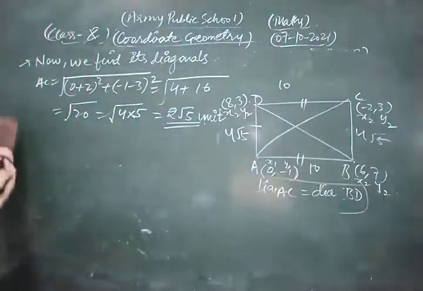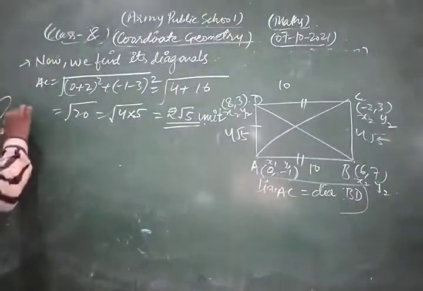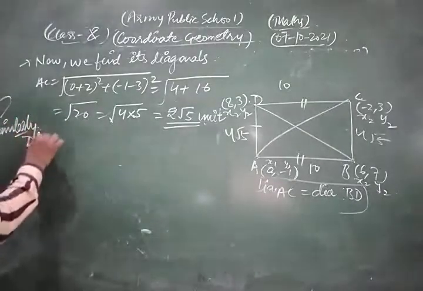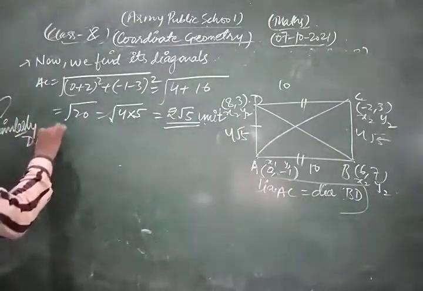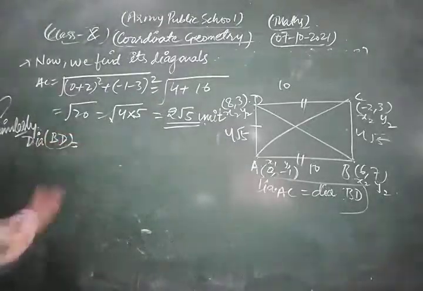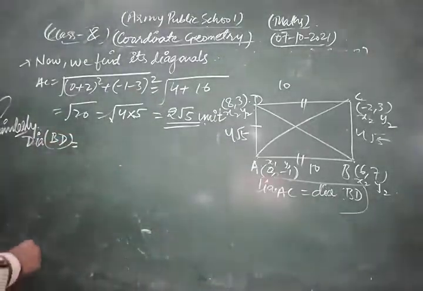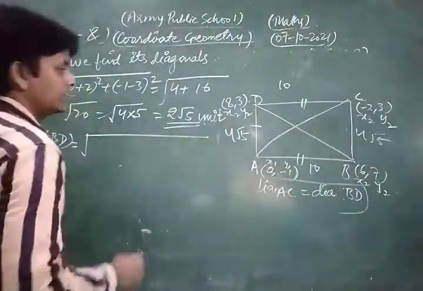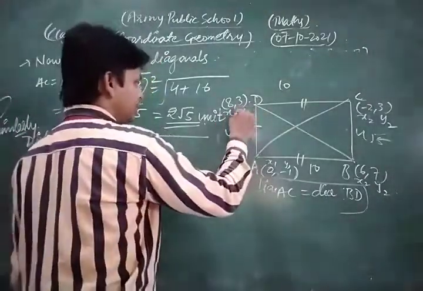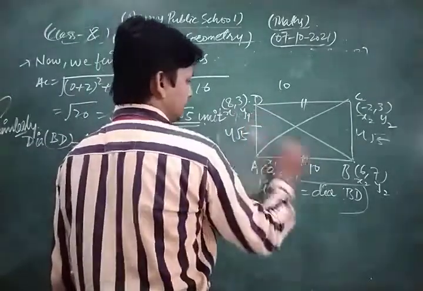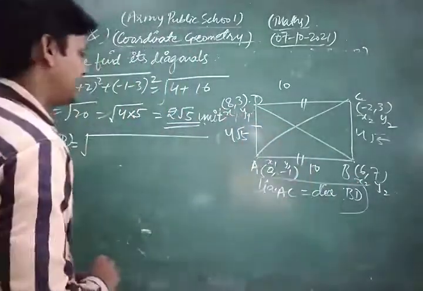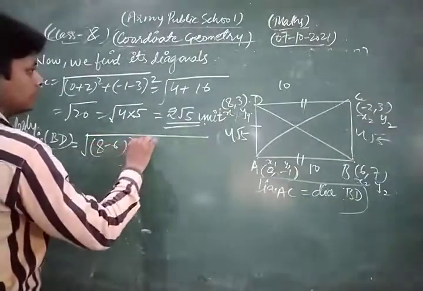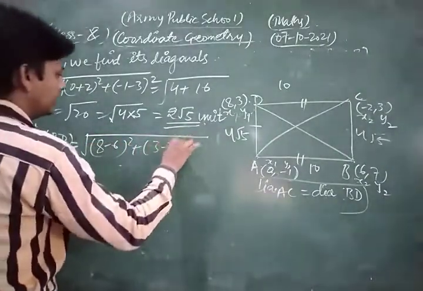Similarly, diagonal BD by using the distance formula. We take this as x1 y1, this as x2 y2. So x1 minus x2, so 8 minus 6 whole square plus 3 minus 7 whole square.